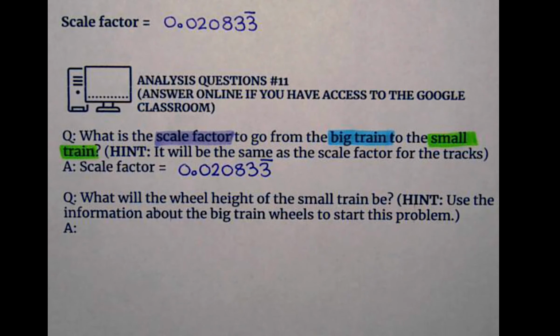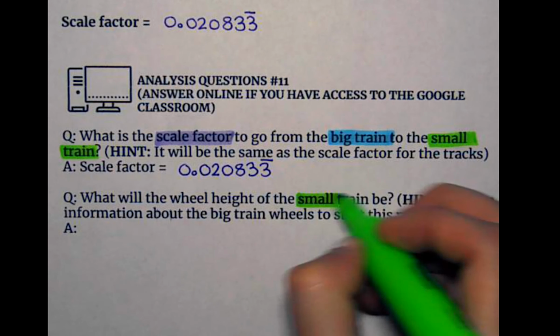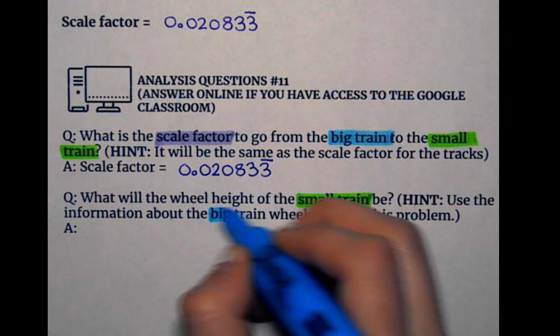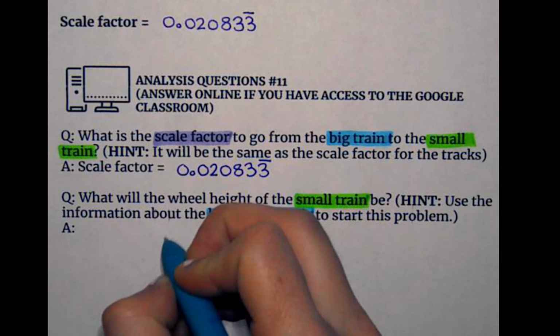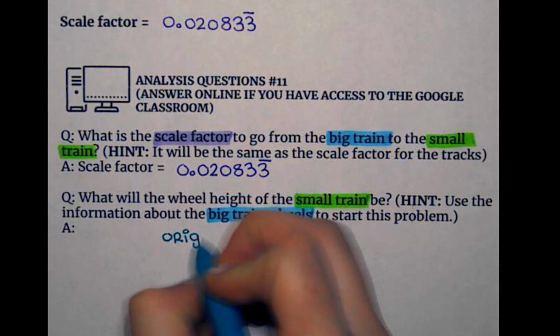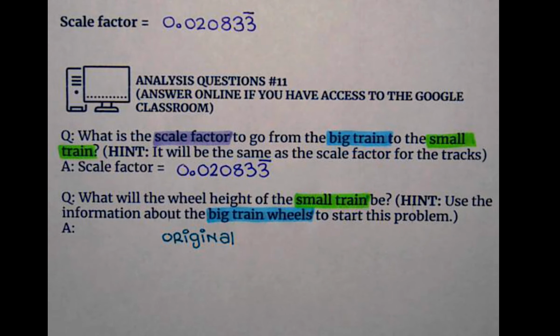It says, what will the wheel height of the small train be? Remember, small train is green. And the big train wheels, that's blue. Blue is our original. Green is our new.